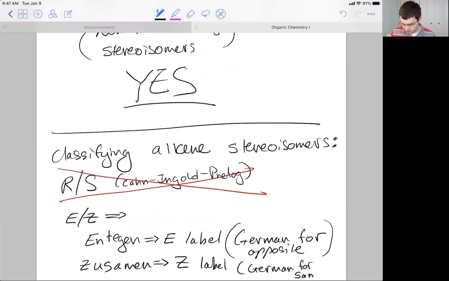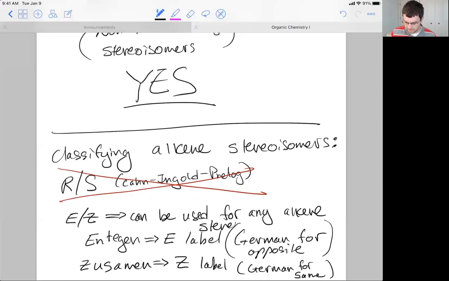So we really just have opposite and same as our labels, abbreviated E and Z accordingly. And the reason why it's in German is because German scientists came up with it. So the EZ method can be used for any alkene stereoisomer.